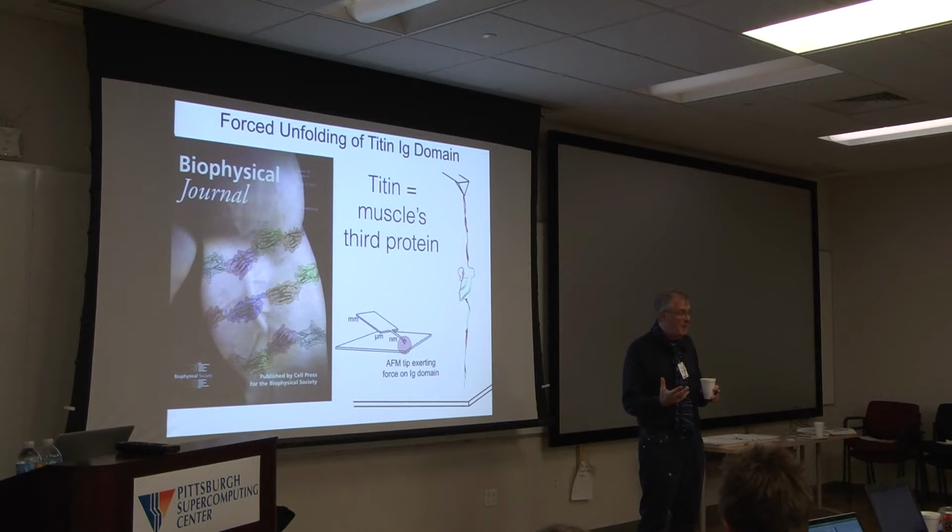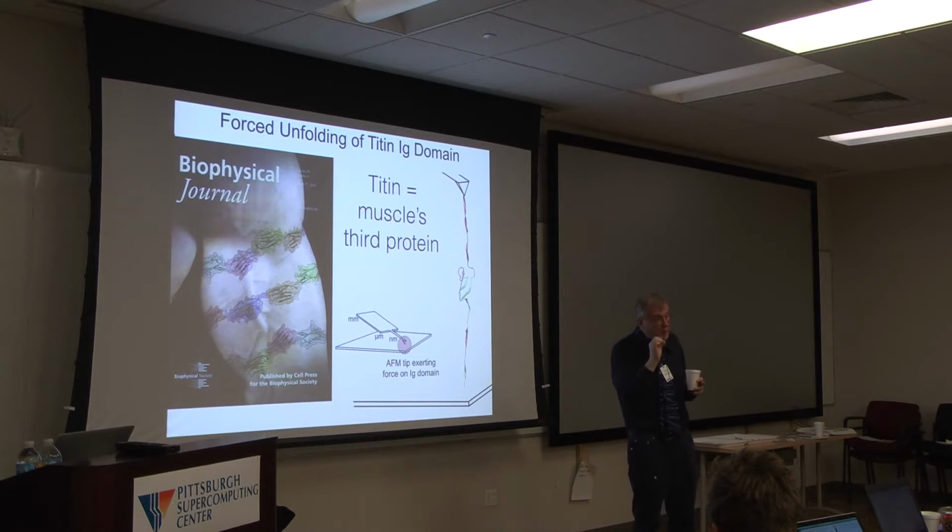For example, if you see a flight muscle of an insect that goes through very many contractions and expansions, and then you see under a microscope, you think, oh, at any moment the muscle will get totally dislodged and out of shape. But it's held together by a 3rd protein.